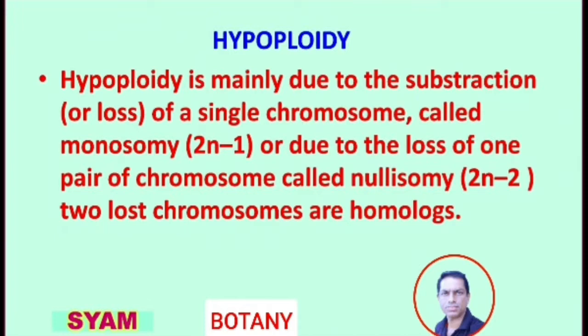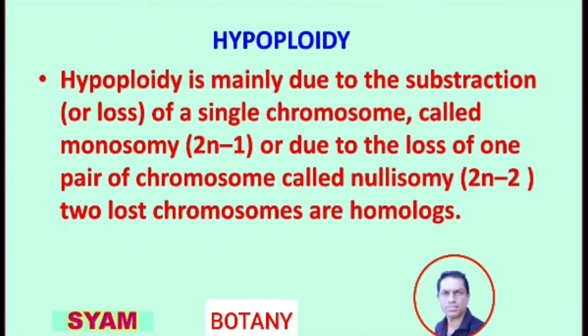First one is hypoploidy. Hypoploidy is mainly due to the subtraction or loss of a single chromosome, called monosomy, or due to the loss of one pair of chromosomes, called nullisomy.